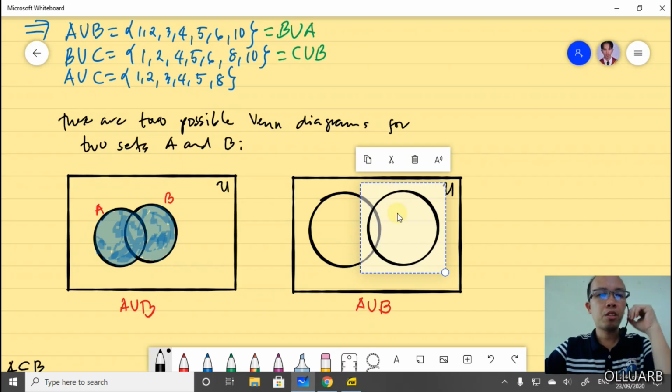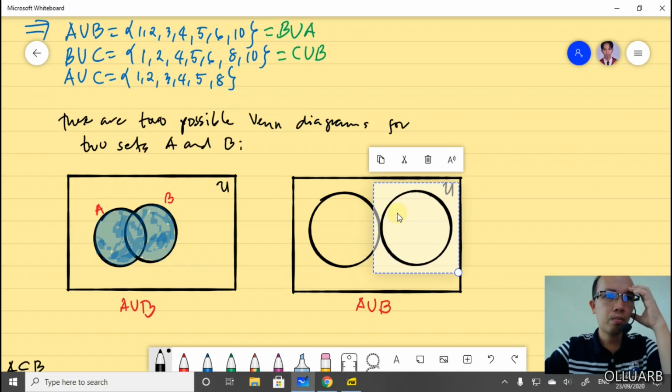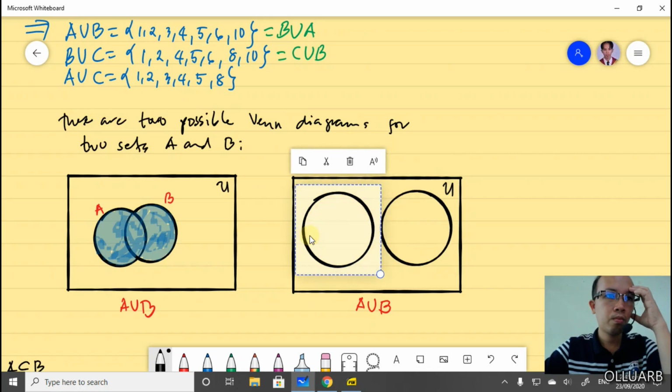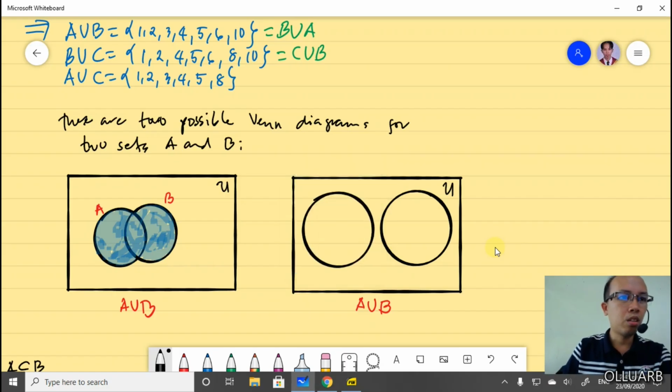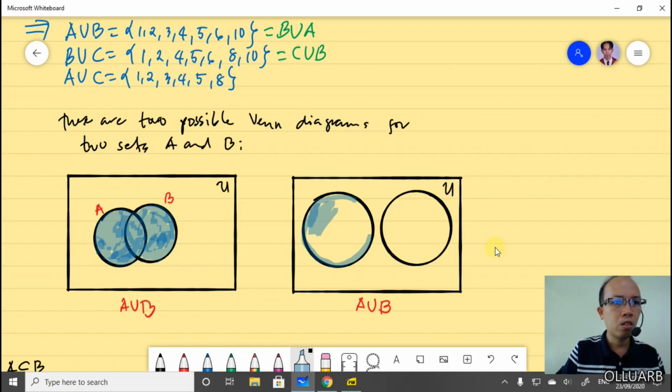Let's wait for the program to respond. Okay, this is another scenario on how to shade the region of the two sets A and B using a Venn diagram. Okay, so let's try to shade it.